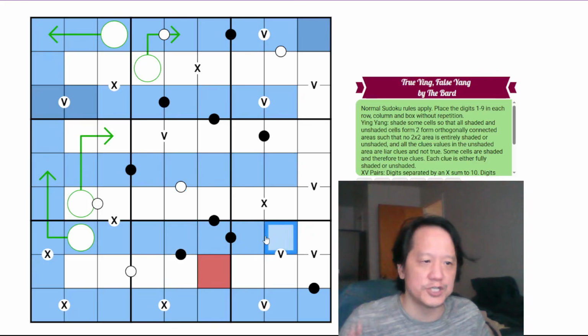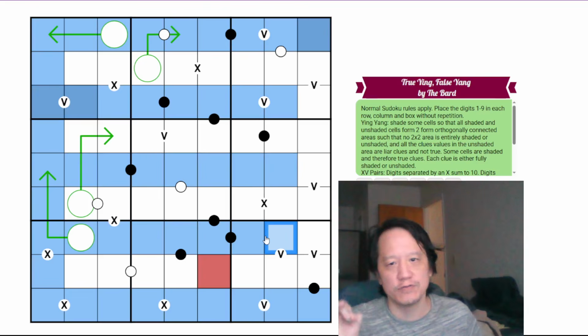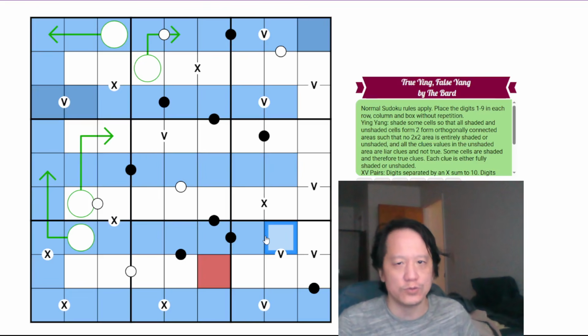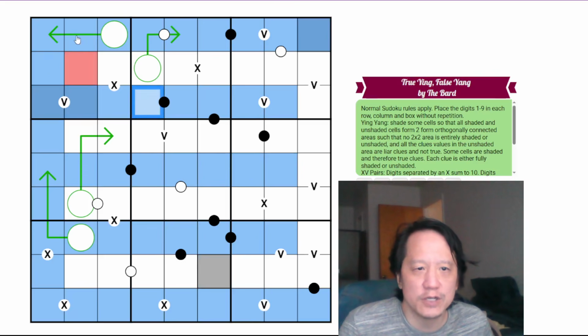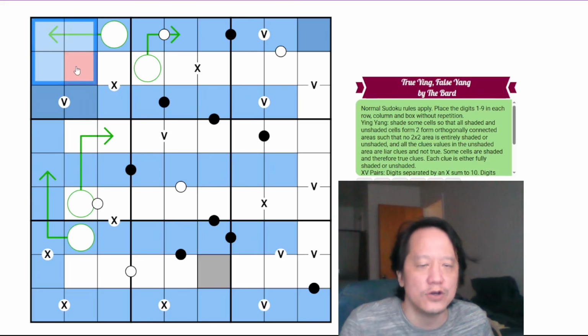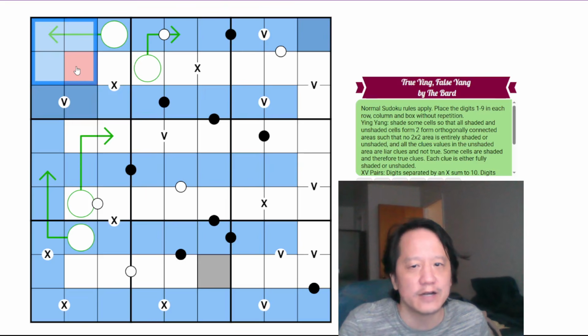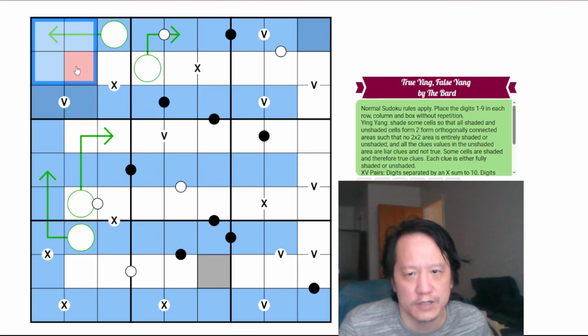And all unshaded cells and all shaded cells form these two orthogonally connected areas. This is also not a valid shading because we now have a 2x2 area that is entirely shaded, and no 2x2 area can be entirely shaded or unshaded.